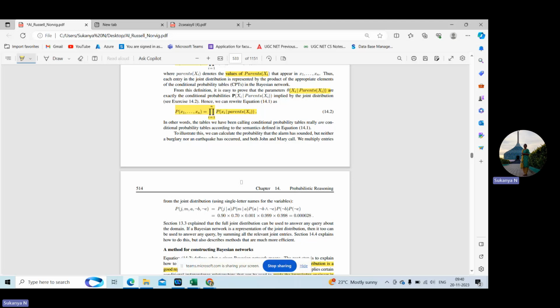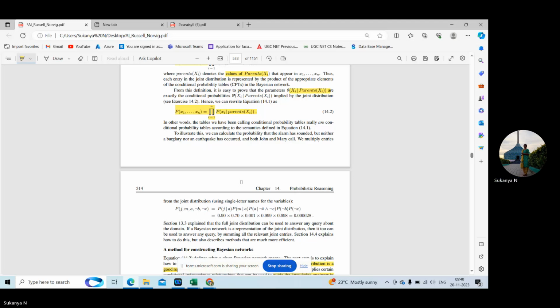So this will continue till we get P of x2 given x1 into P of x1.